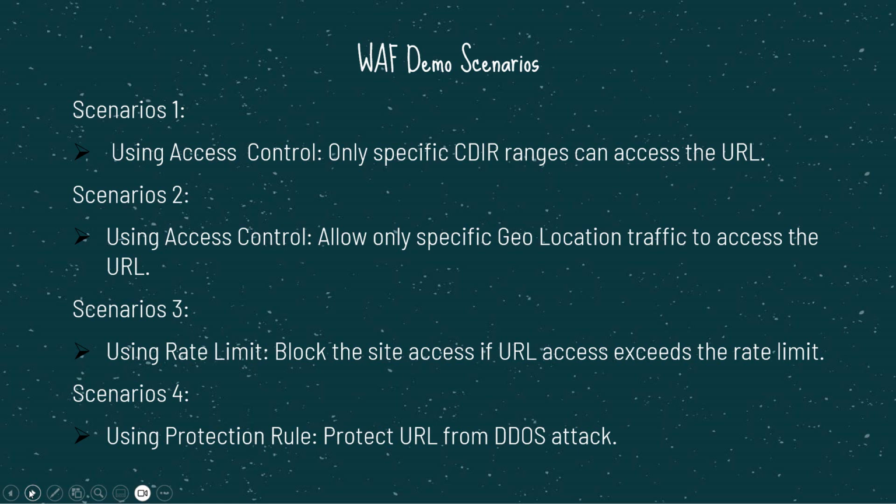Third, we can have rate limiting to block bots. If some bot is trying to bring down your application through automation, we can protect it. And finally, cross-site scripting attacks can also be protected by WAF.